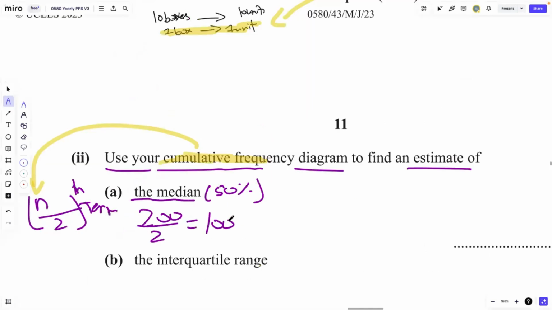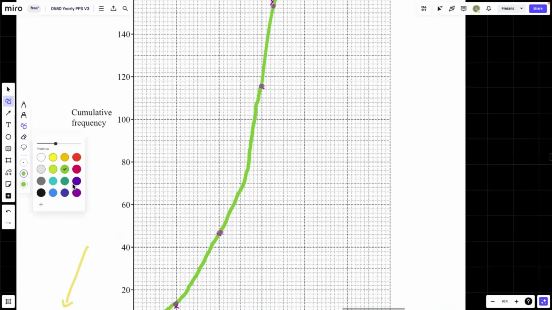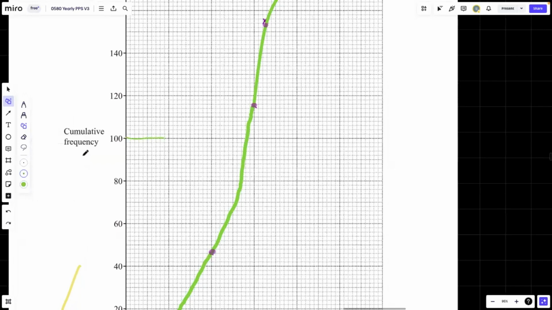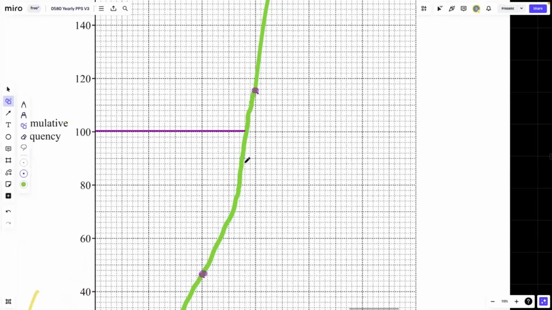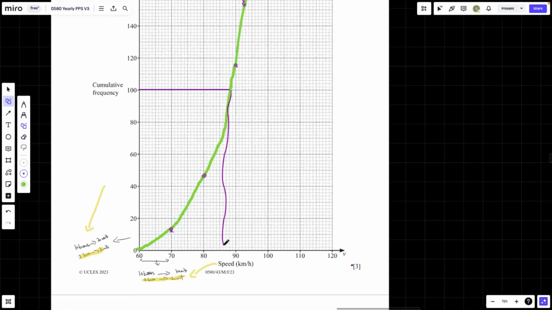That's 100. Now, what you need to do is use your scale, keep it at 100, and check for the corresponding x value.